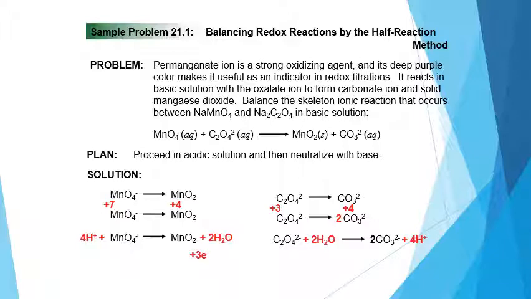So take note that there are 3 electrons being gained by this MnO4 minus going to MnO2, and there are 2 electrons being lost by this oxalate, the carbon in the oxalate here.